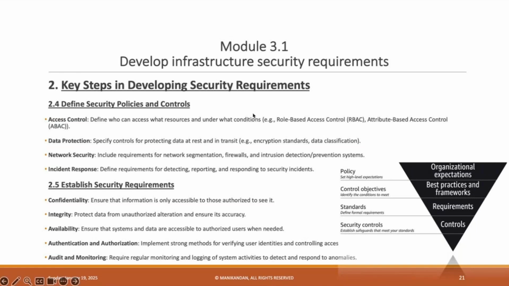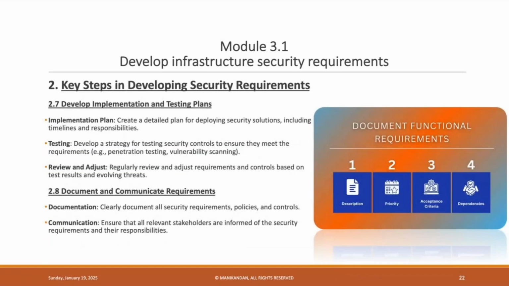Now, what are the key steps in developing security requirements? Make sure that you have an implementation plan, a detailed plan for deploying the solutions, including the timelines and the responsibilities. A live example: before we deploy any security solution, we also have to do something called a POC, proof of concept.